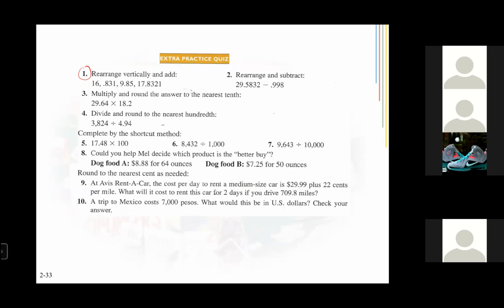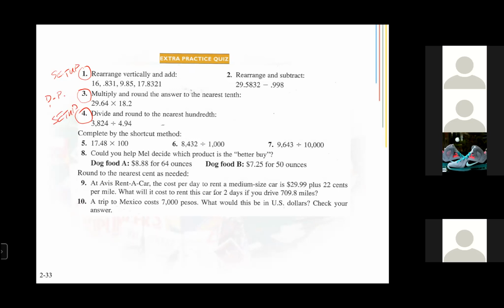For number 2, I just want you to tell me how many decimal places you're going to have in your answer. For number 4, I just want you to set it up.